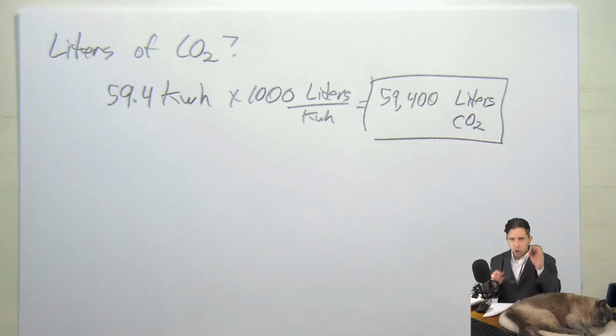So in all these problems, you go back to the kilowatt hours and multiply that by 2.2 or 1 or 1,000, depending on what you're trying to solve for.